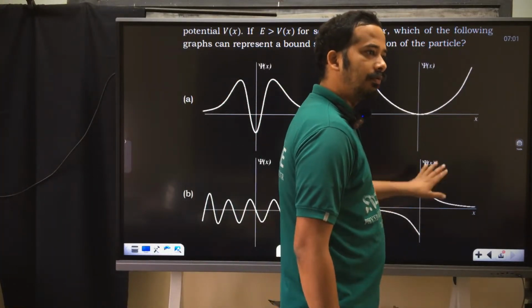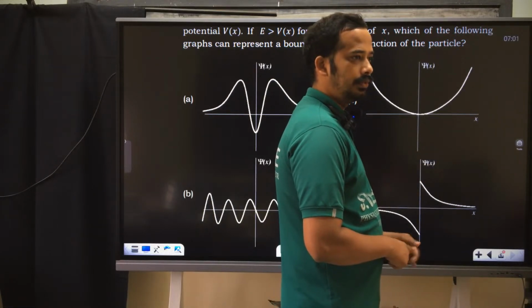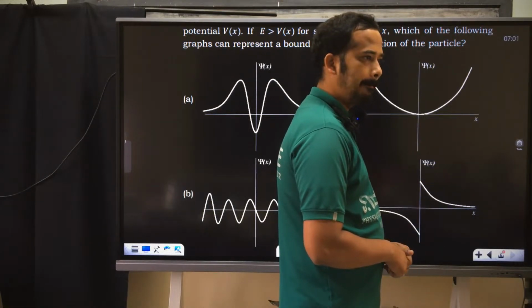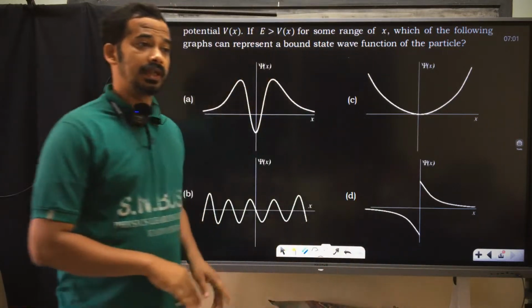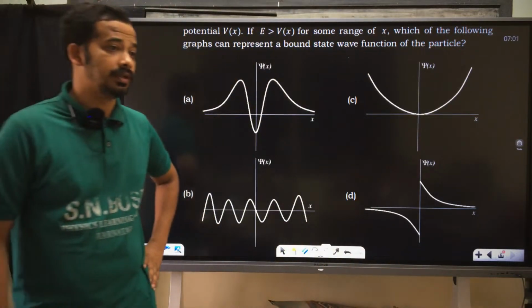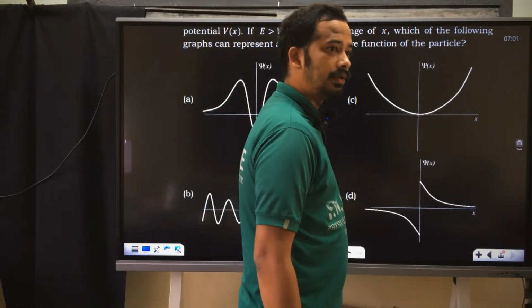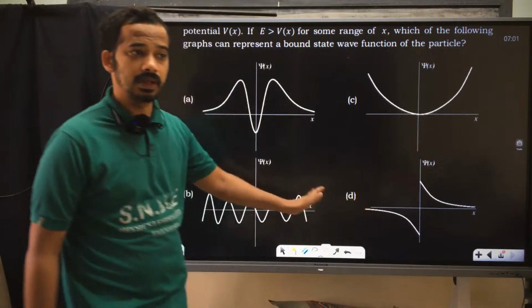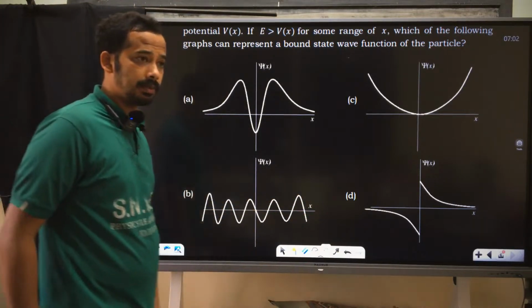From the solution, if you want to go to the Schrodinger equation, you take the first derivative. There was one case where we did not take the second derivative. The first derivative was discontinuous, not the wave function itself. First derivative can be discontinuous. The wave function will never be discontinuous. I'll come to that point in the Dirac delta problem.